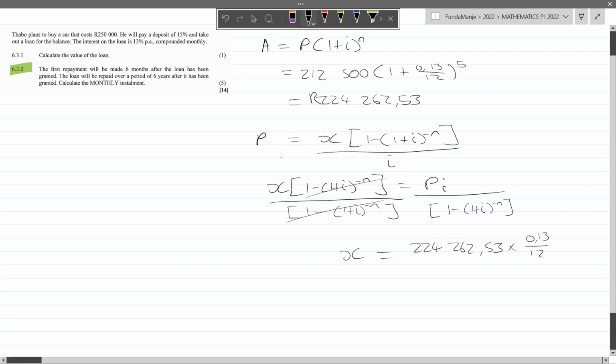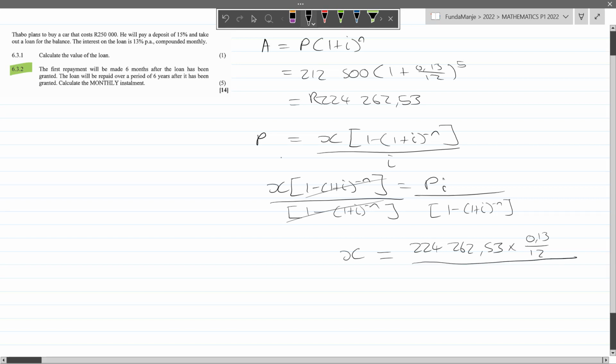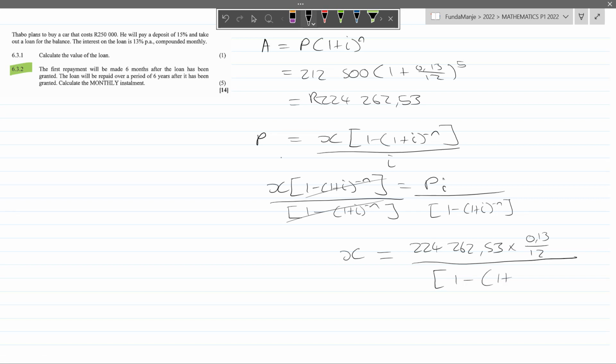And the amount of payments now that he has to make, how we calculate this is, first of all, let's put this all over 1 minus (1 plus 0.13 over 12) to the power of minus n. So n is the amount of payments he still needs to make.